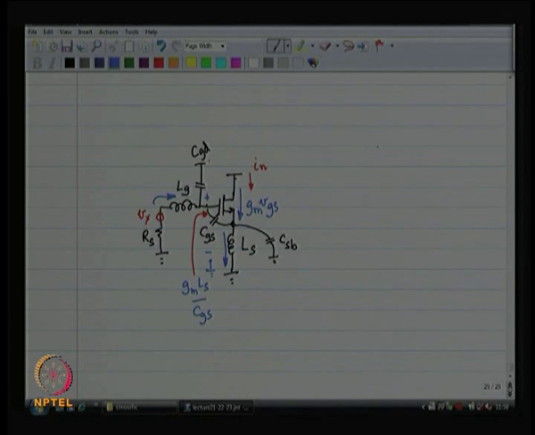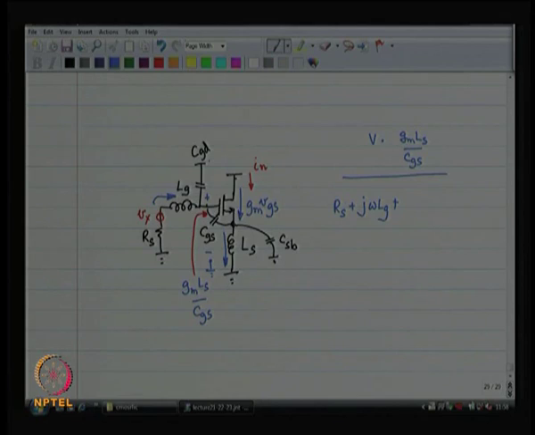The voltage at the gate is given by V times Gm Ls by Cgs divided by Rs plus j omega Lg, plus, let us ignore CGD for convenience, let us say CGD is not relevant at all.